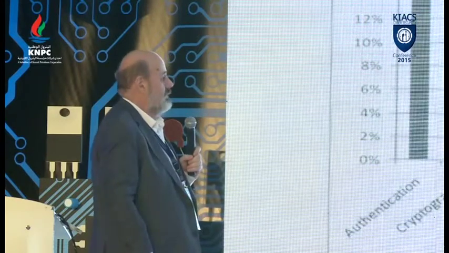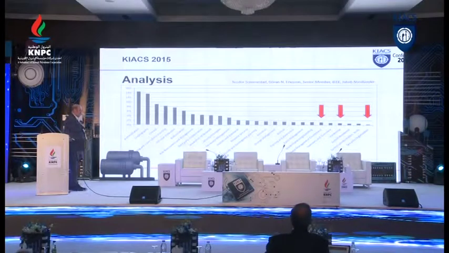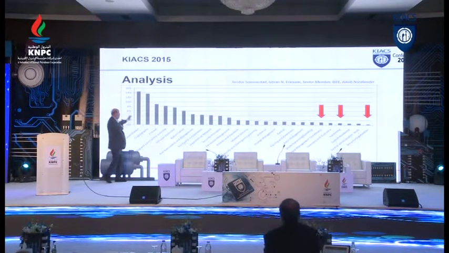Then there has been some analysis on standards. That's basically the final part I want to briefly address. This slide is the outcome of research from a Swedish group of researchers. They looked at ICS standards and analyzed where the standards focused.